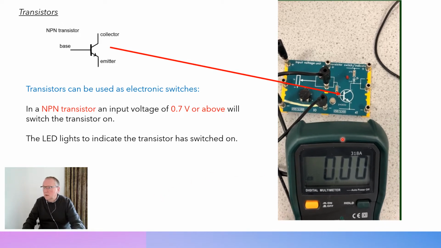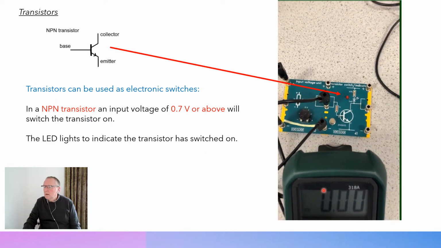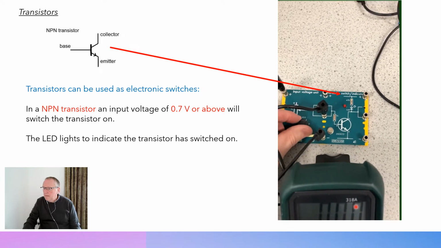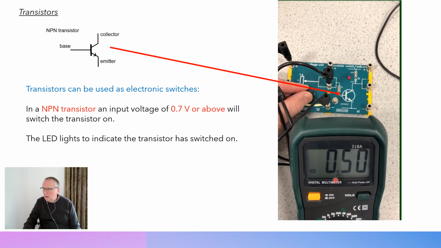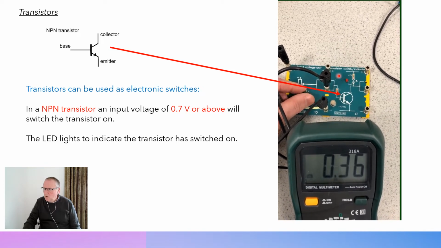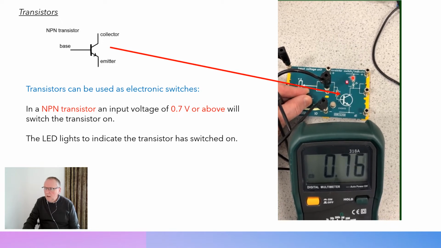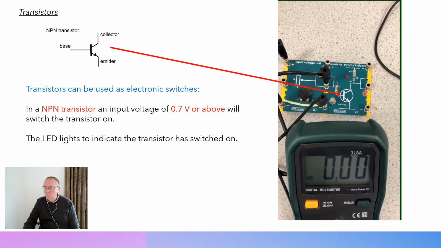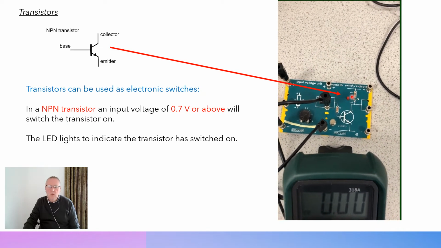Right, video not working. There we go, working now. So it's giving a wee bit of the game away there. So keep watching. You can see I've increased the voltage, and if you watch at the same time, when it gets to about 0.7, it doesn't necessarily need to be exactly 0.7, it switches on. And conversely, if it falls below 0.7, it's off.